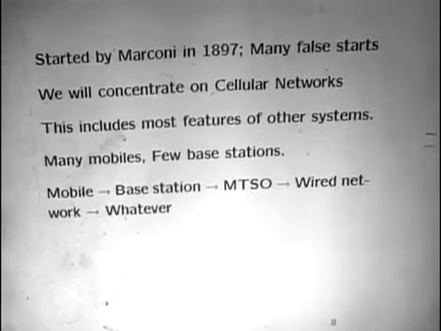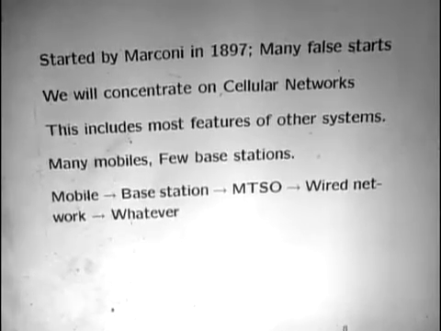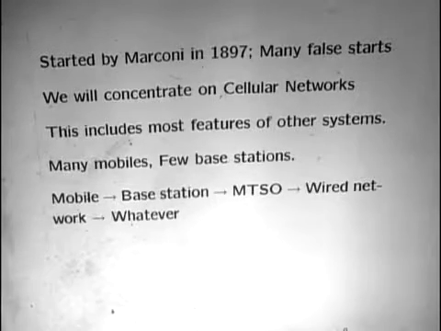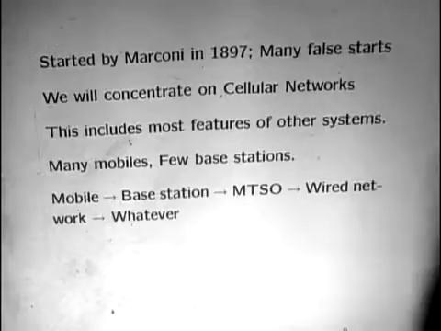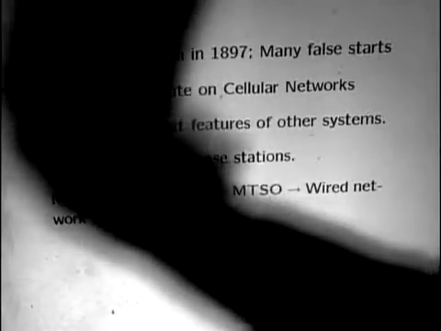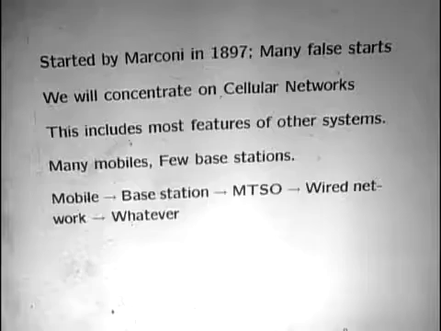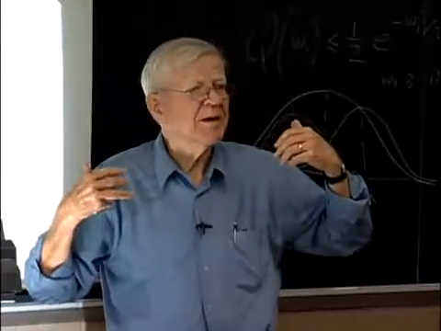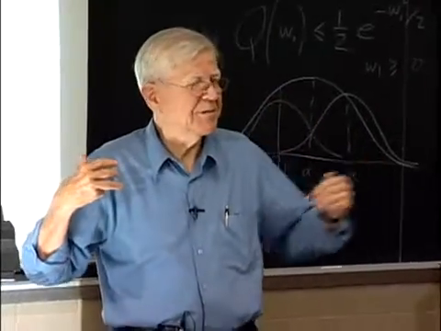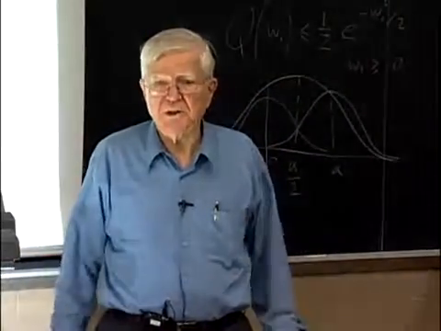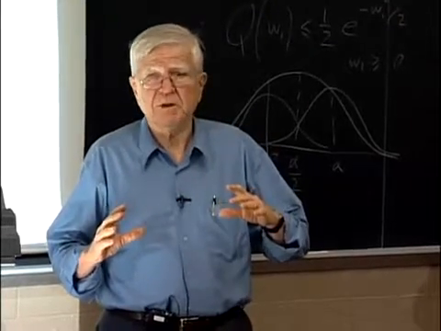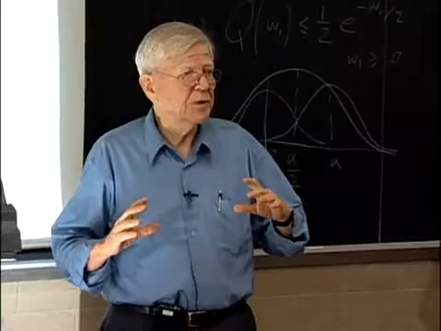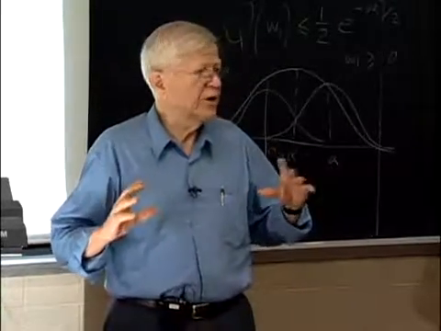So the way these systems work is you go from a mobile to a base station, from the base station to one of these MTSOs, which is just a big switching center. And from there, you're in the wired network. And from there, you can either go back to a mobile or go back to a wireline telephone or go anywhere you want to. But the point in that, and I think this is important to remember, is that cellular networks are an appendage of the wireline network.